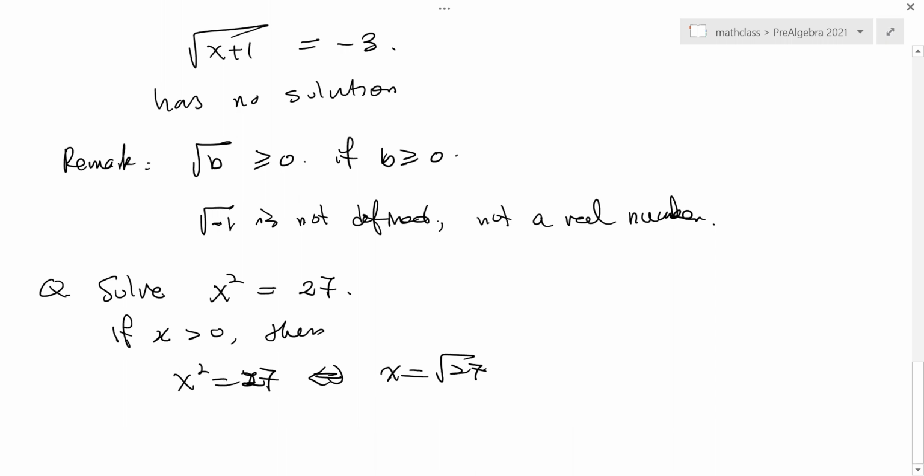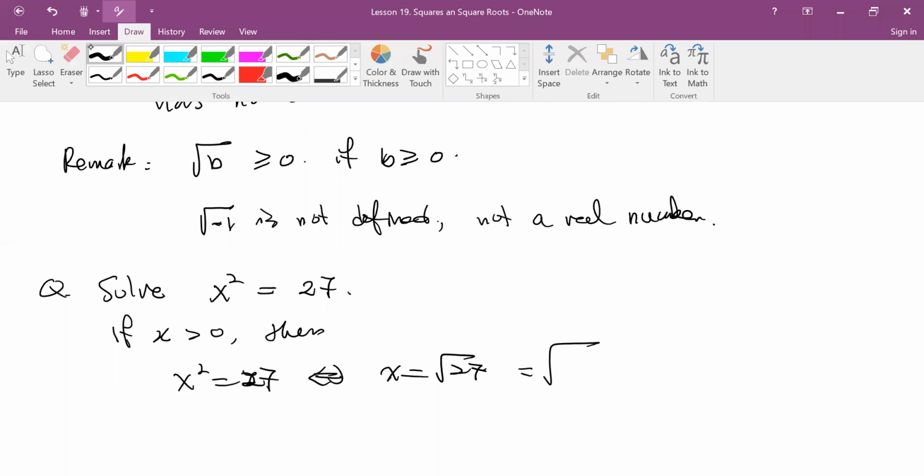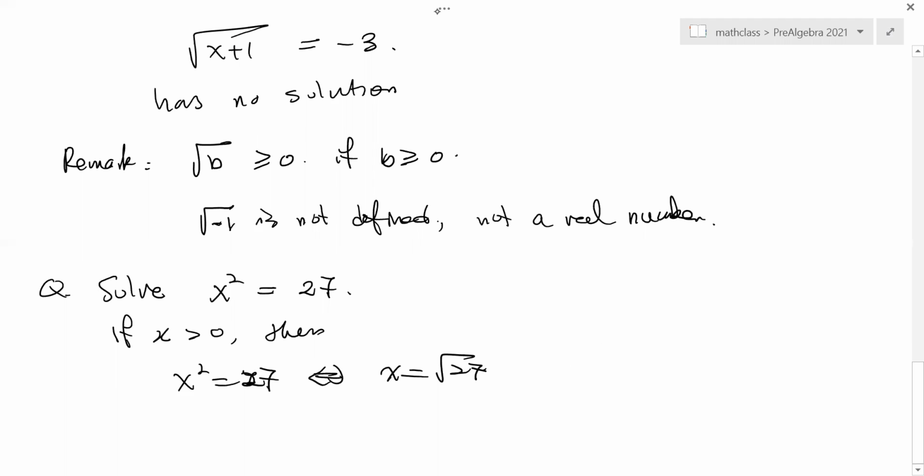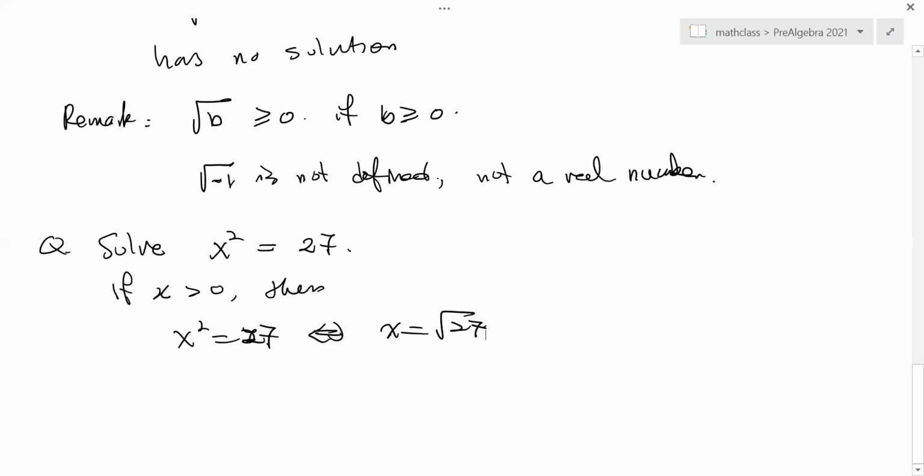So that is a solution. Of course, the square root of 27 is not a perfect square, so you just leave it like that. You can simplify it a little bit later, but we cannot change it. So the square root of 27 is a positive number.